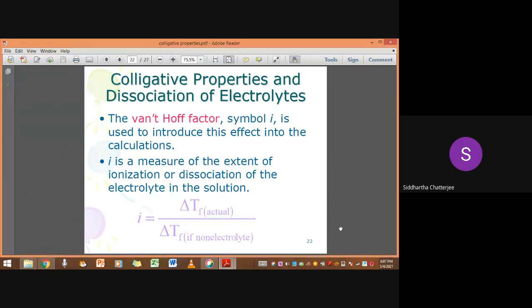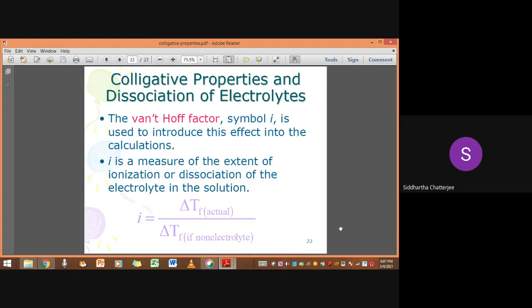The Van 't Hoff factor is named after the scientist Van 't Hoff, who worked on this. We represent it generally with the symbol i. To introduce this effect in the calculation, the Van 't Hoff factor i is the observed colligative property divided by the theoretical or expected colligative property.